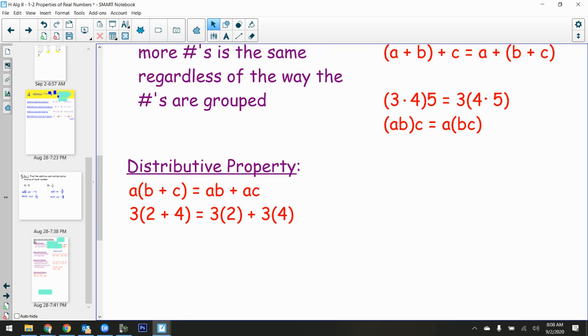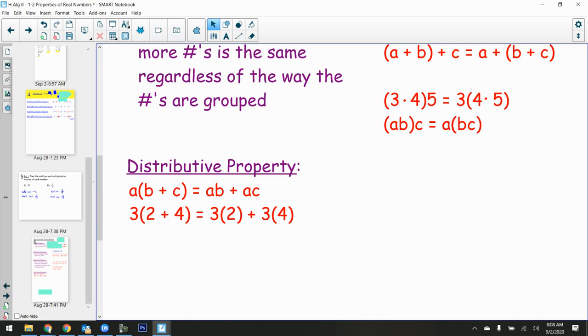So this is like saying A quantity B plus C is the same thing as saying A times B plus A times C. Okay? Or in other words, 3 quantity 2 plus 4 is the same thing as saying 3 times 2 plus 3 times 4. You still get the same value either way.